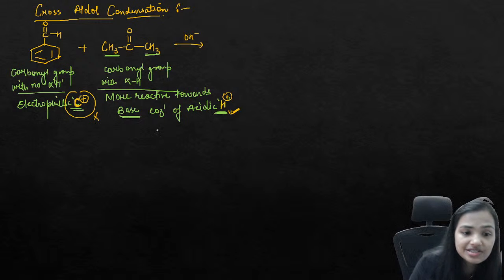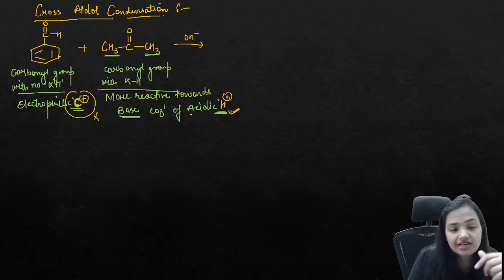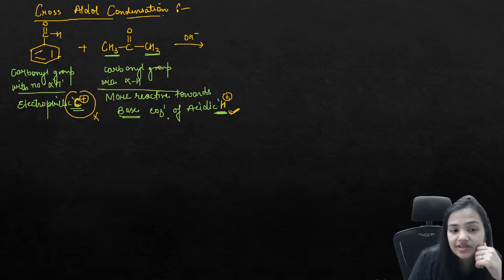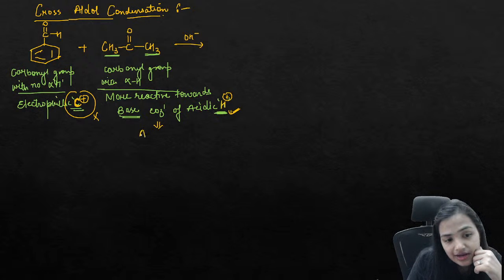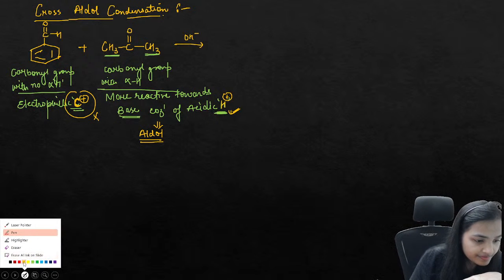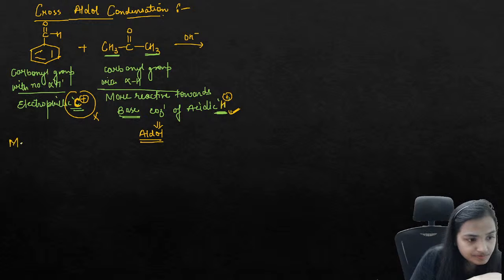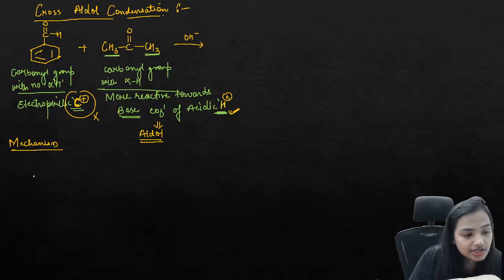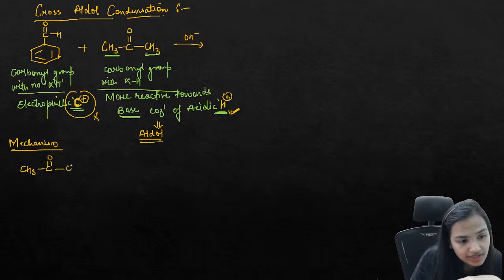So the reaction will start from here. And if the reaction is starting from the acidic hydrogen, we can say that it will follow the aldol. So this is going to be aldol, not the Cannizzaro. Now let us start the mechanism. We got it that this particular species, acetone, is more reactive.